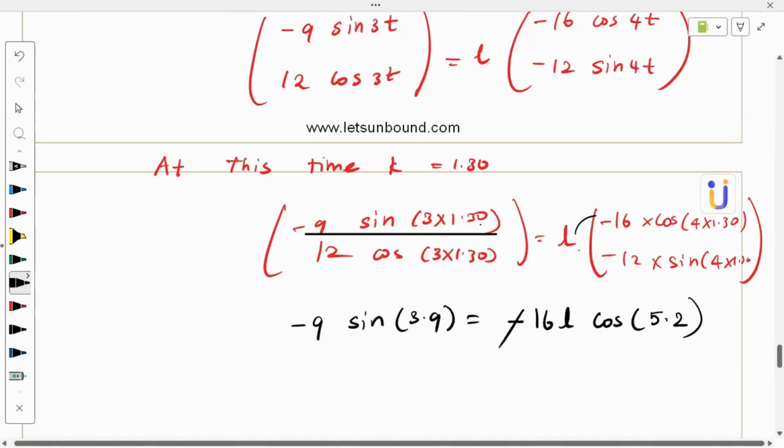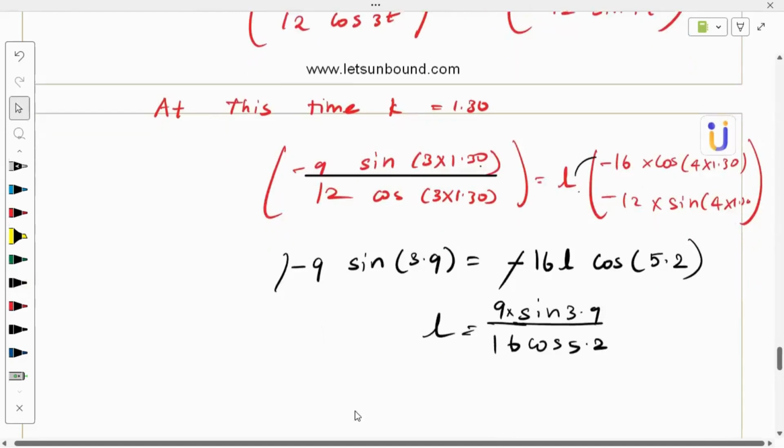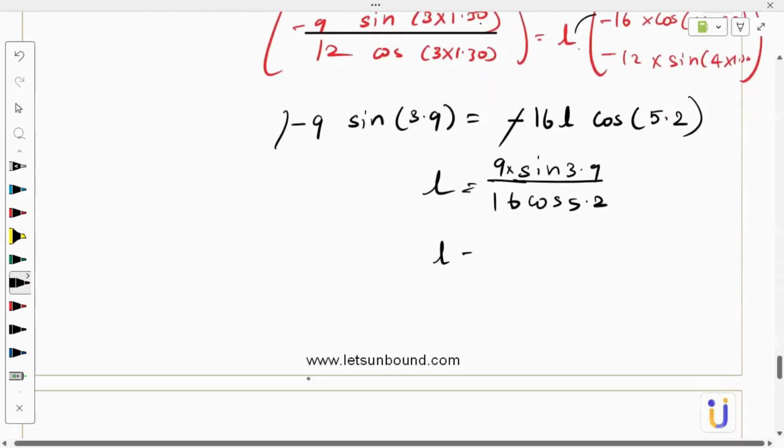Okay, what is my L? Negative, negative cancelled. My L is going to be 9 sin 3.9 by 16 cos 5.2. Let me evaluate. It should be negative. So I'll switch to the calculator and do this. We hope for a negative value.